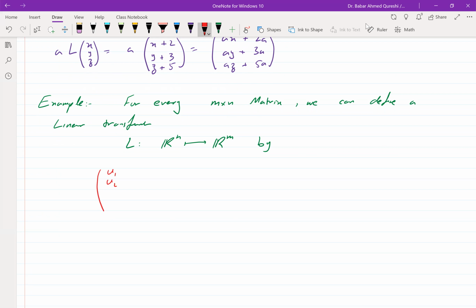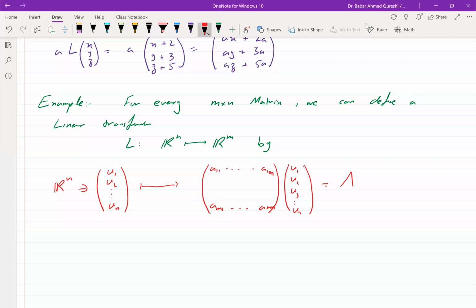V1, V2, up to Vn belonging to Rn goes to the matrix A with entries A11 through A1n down to Am1 through Amn, multiplied with V. Just multiply this matrix with your V, and since A is m by n and V is an n column, we know that we can do that.